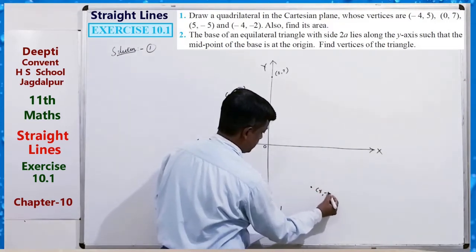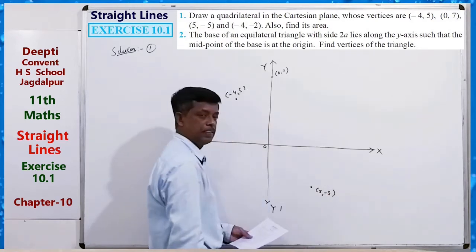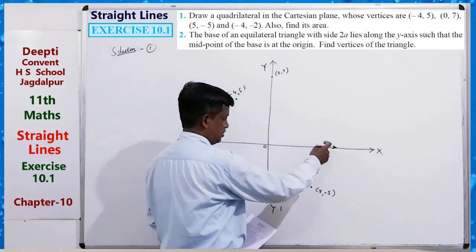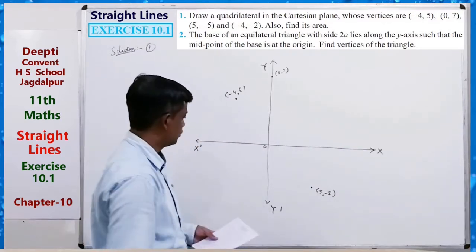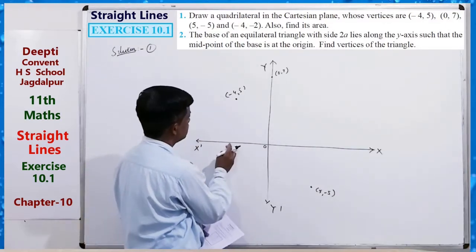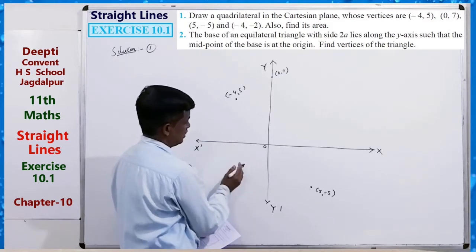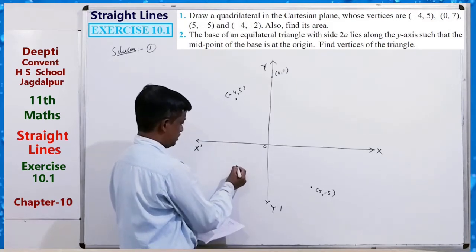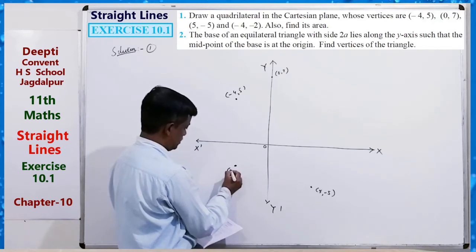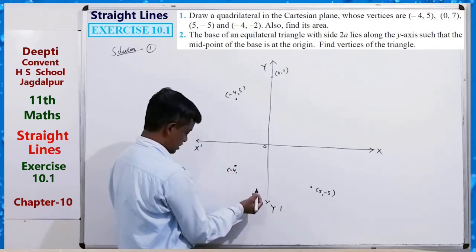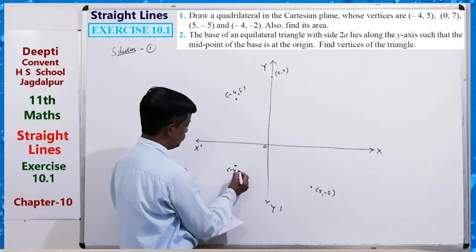And then (-4, -2): -4 is here, -2 is here, so the point is here, just like this.